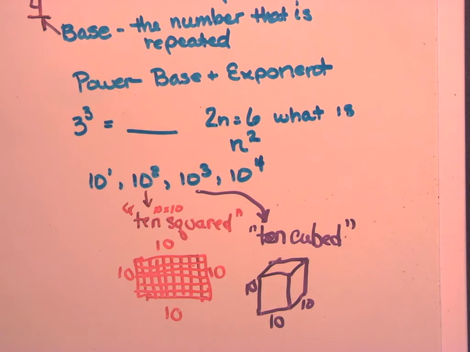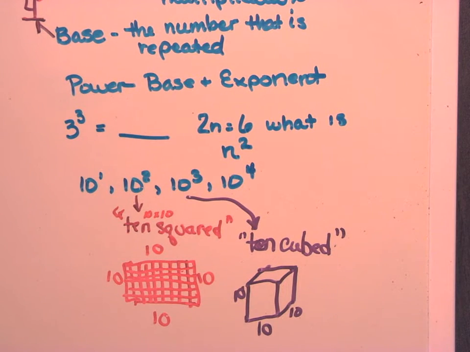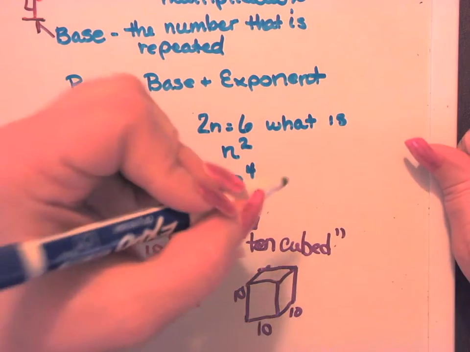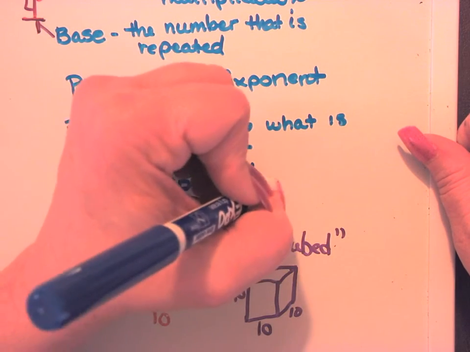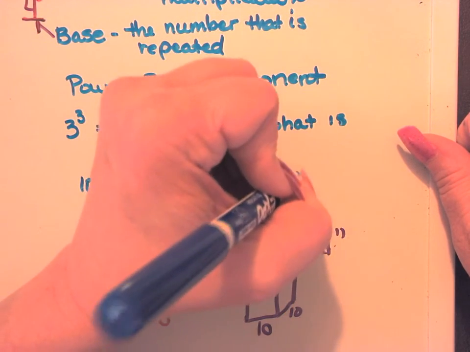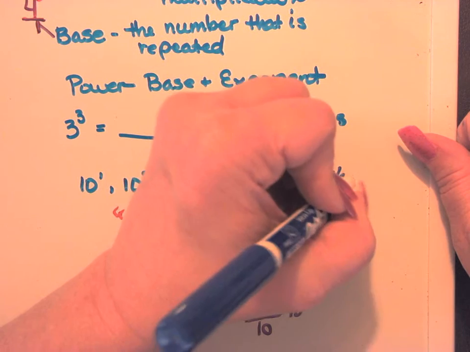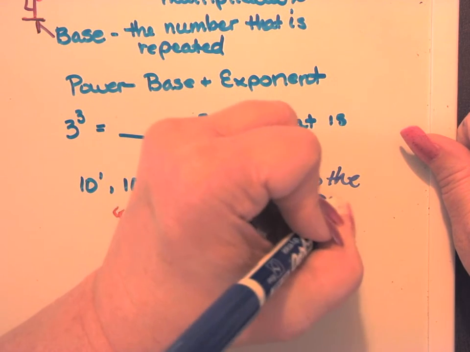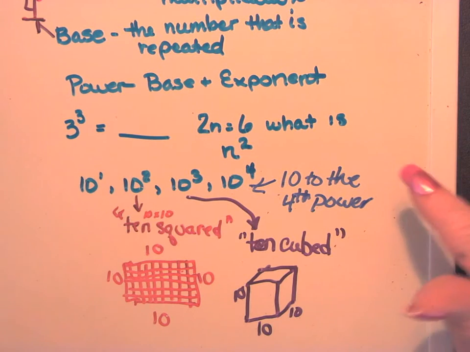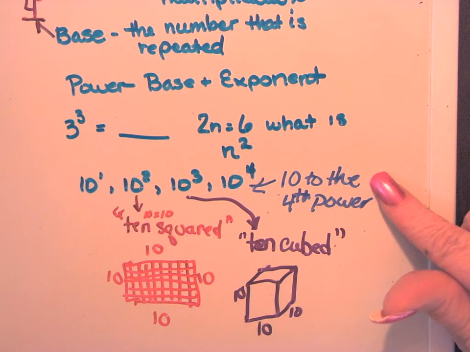Then when we get out of that grouping, we start to say to the blank power. So if I have 10 here, I say 10 to the 4th power.